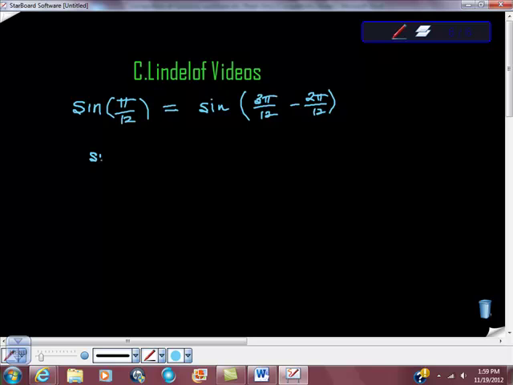And what's the rule? So now we have sine of alpha minus beta is equal to, right? Sine alpha cosine beta. And then what? Minus cosine alpha sine beta.